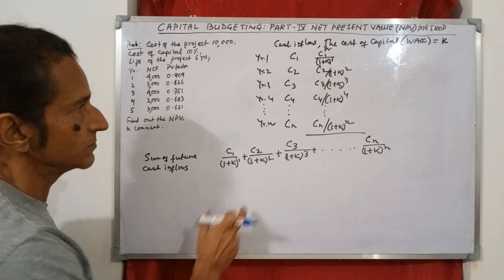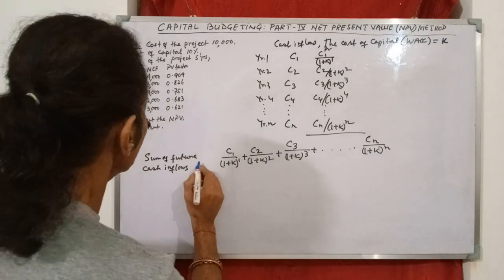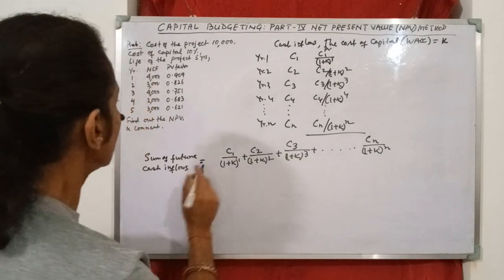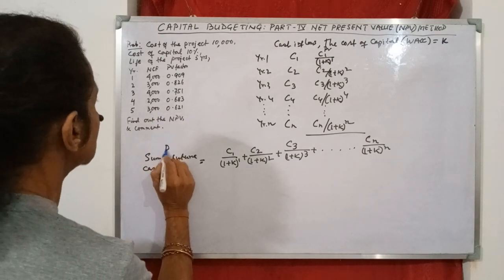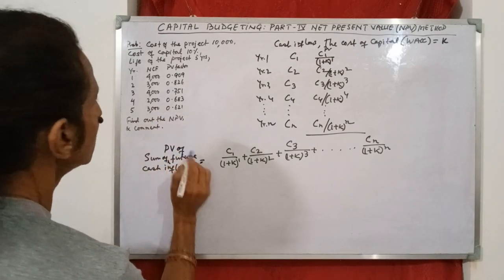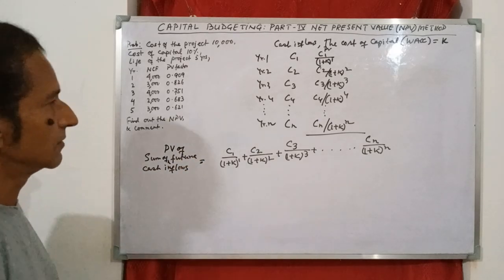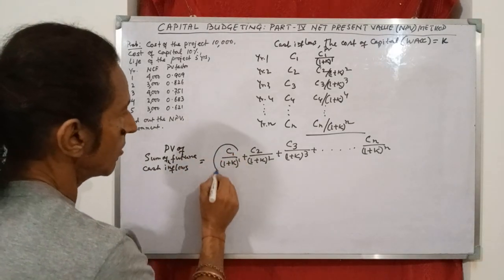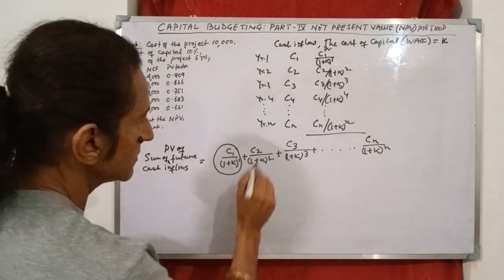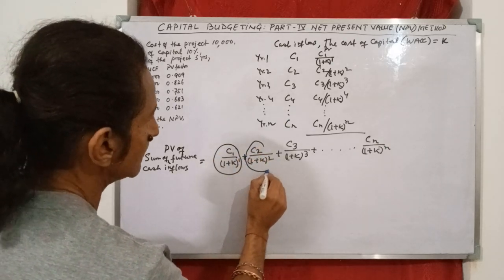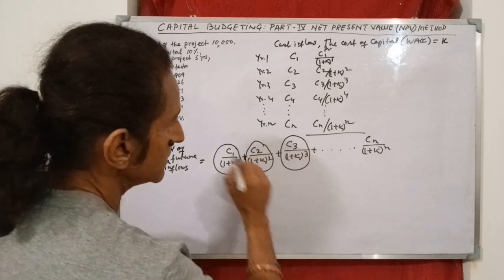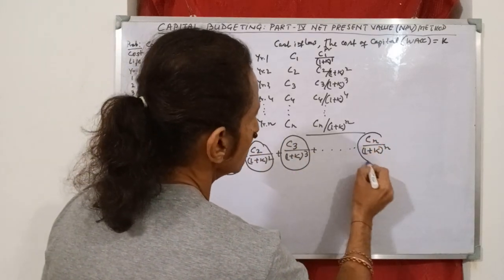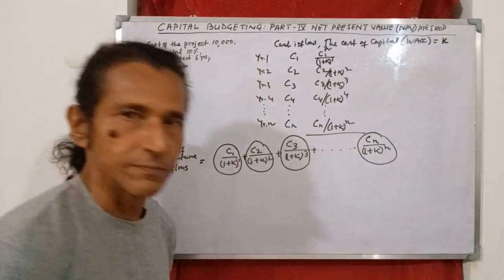So if we add up all these things, we get the sum of present value of future cash inflows. Okay, this is the present value of cash inflow in year 1. This is the present value of cash inflow in year 2. This is the present value of cash inflow in year 3. In this way, this is the present value of cash inflow in year n.